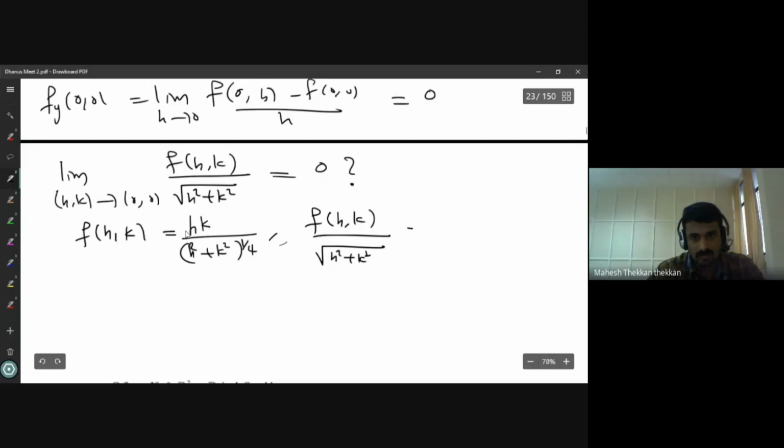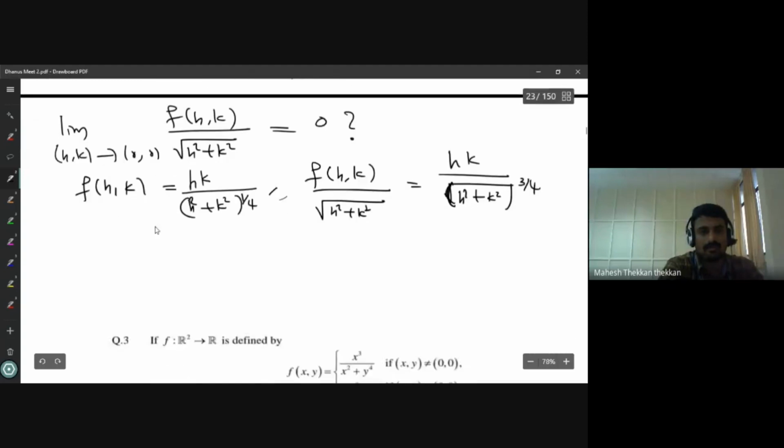So that will be hk divided by, sorry, not square root, I can write it as h square plus k square whole raised to 3 by 4, right? 1 by 2 plus 1 by 4, so it is 3 by 4. Now tell me whether this limit exists or not.